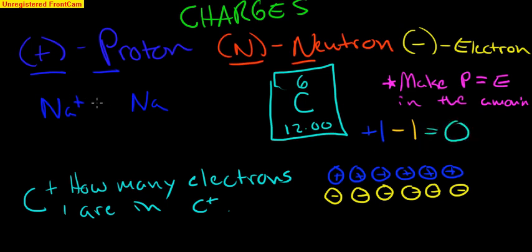So if you look right here, we have 6 protons and 6 electrons. So 6 minus 6 is 0. Okay? 6 minus 6 equals, I'm trying to keep my colors straight for you, equals 0.